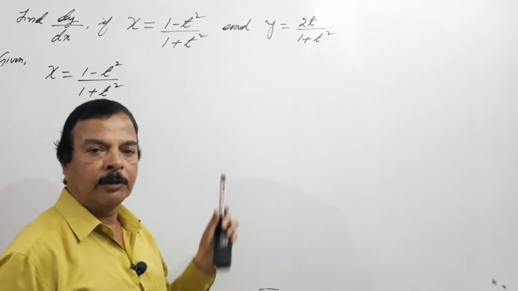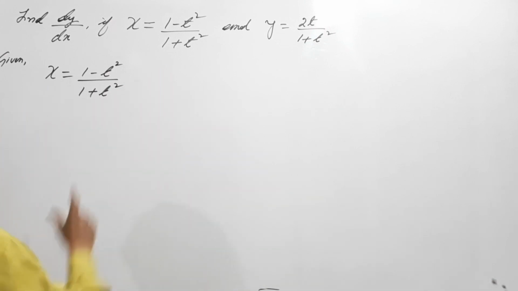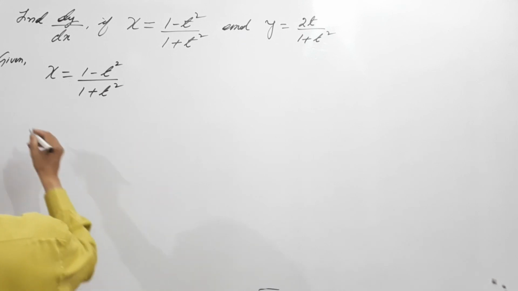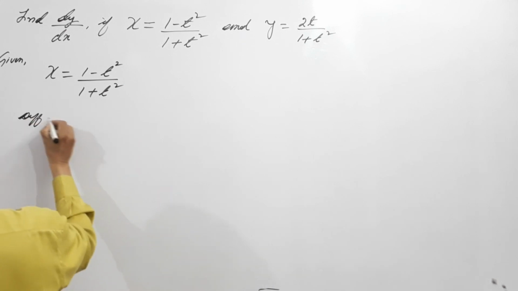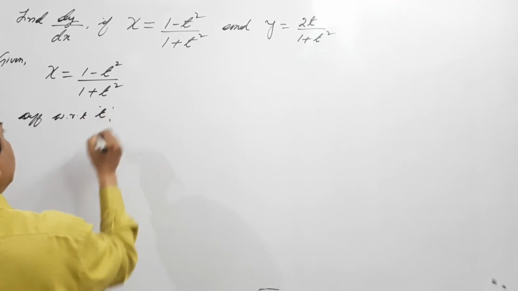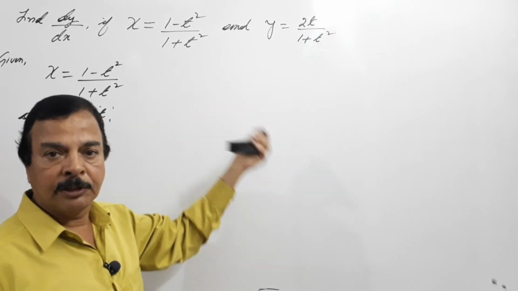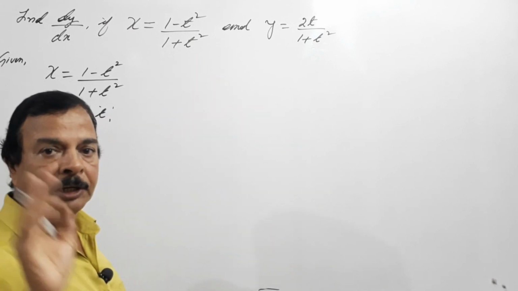I'll write a little above so I'll get some space. We differentiate this with respect to t. See, if they give you t, differentiate with respect to t. If they give you theta, differentiate with respect to theta. That's a hint for you.